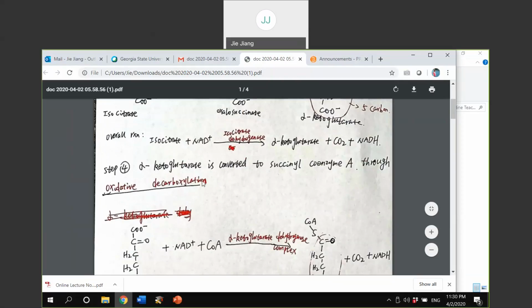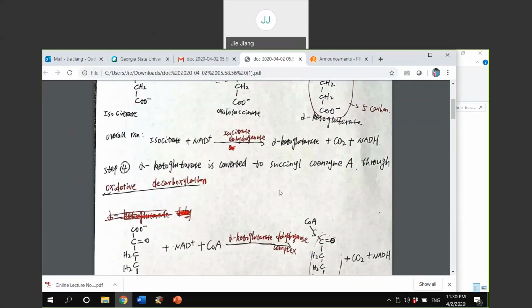Step 4 is another reaction that releases another molecule of carbon dioxide. The alpha-ketoglutarate is converted to succinyl-CoA through an oxidative decarboxylation. It is also a redox reaction.